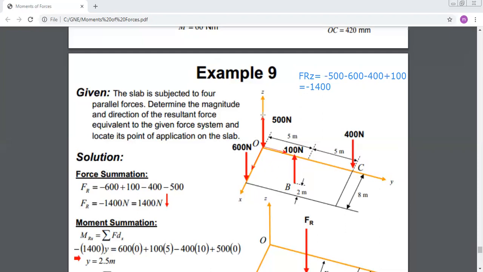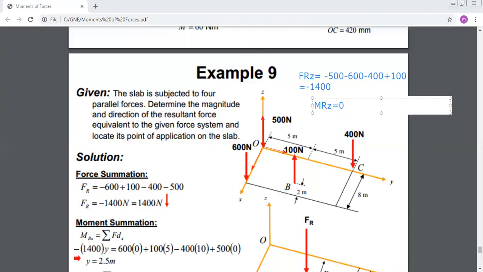But because your forces are very simple, they are not complicated, you can use the conventional method, and we will see how. So first, since all your forces are parallel to Z, you can directly say that M resultant in Z direction about point O is equal to 0.